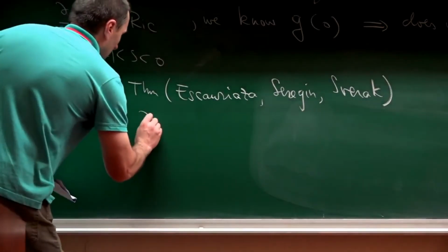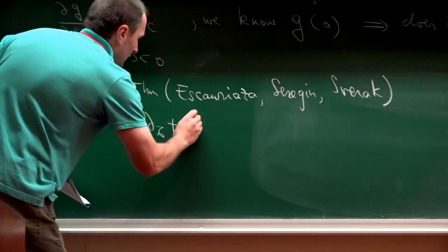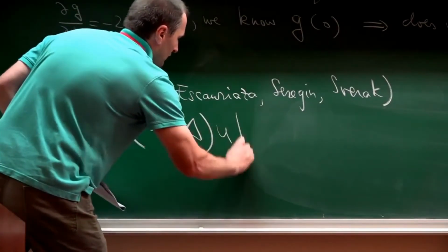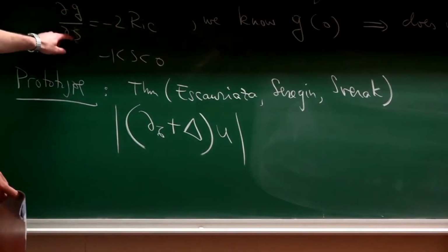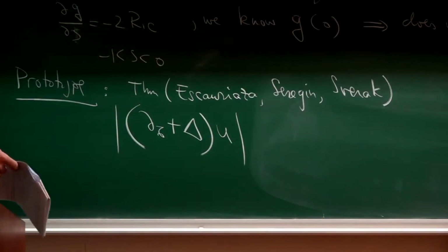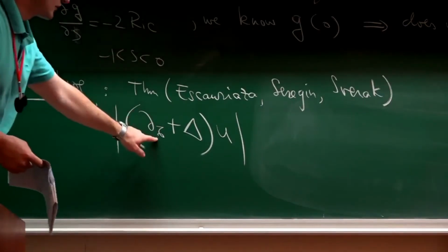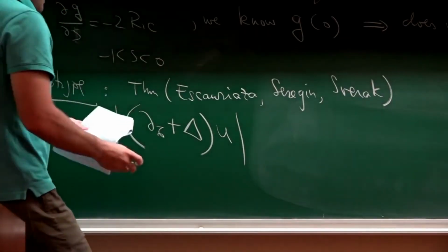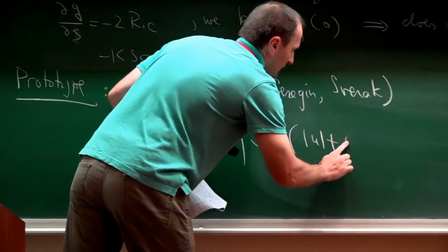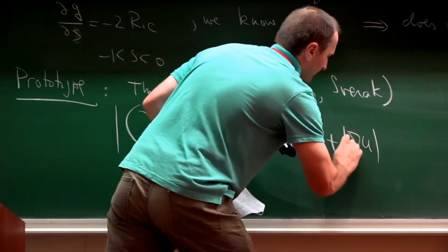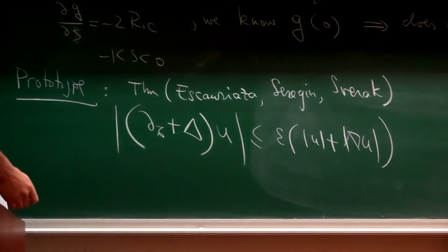So we'll look at d tau. Instead of dg ds is Laplace of g, I'm doing backwards, so I'm putting plus here. If this is true, I have this estimate.